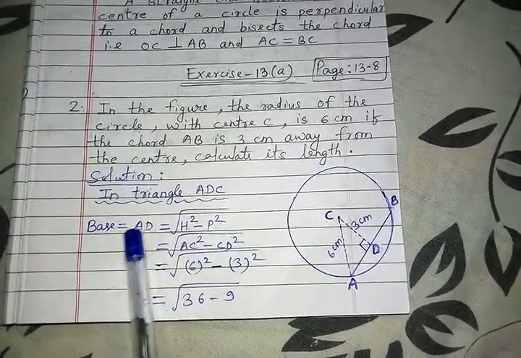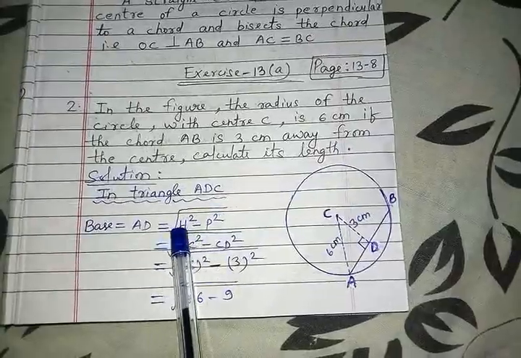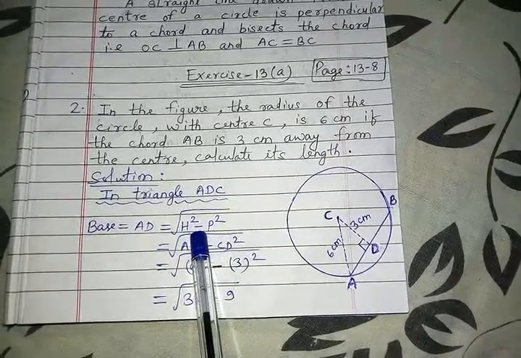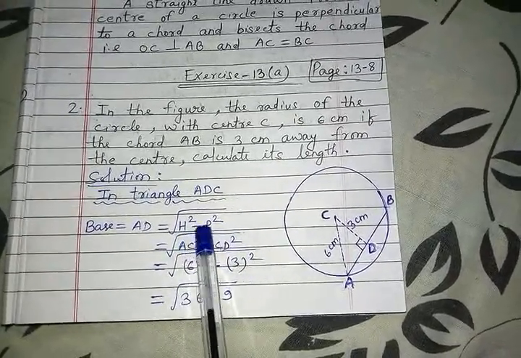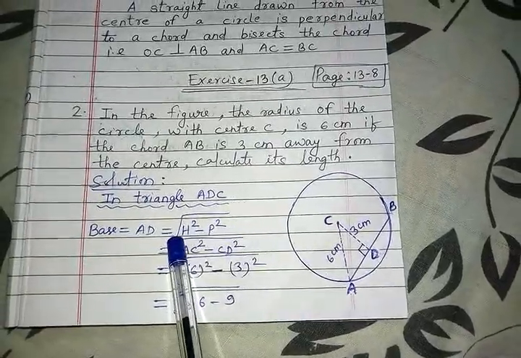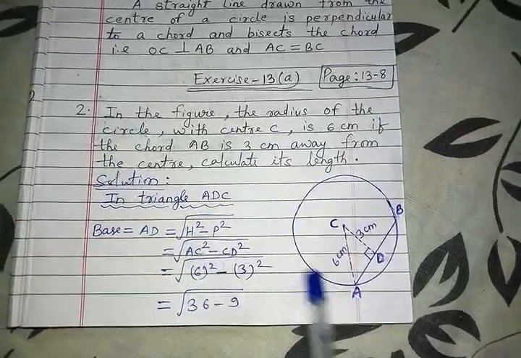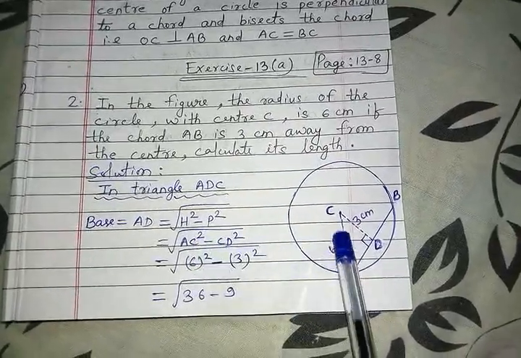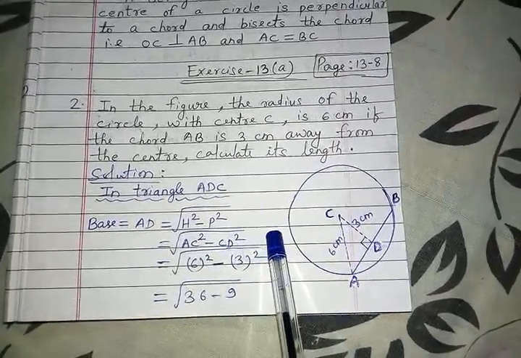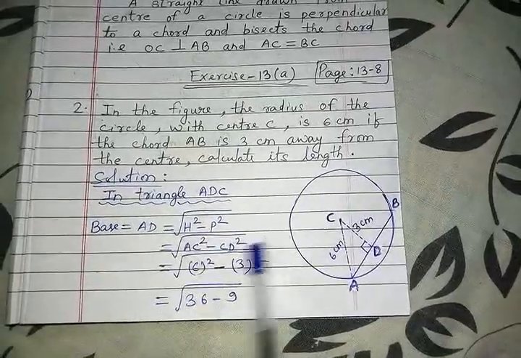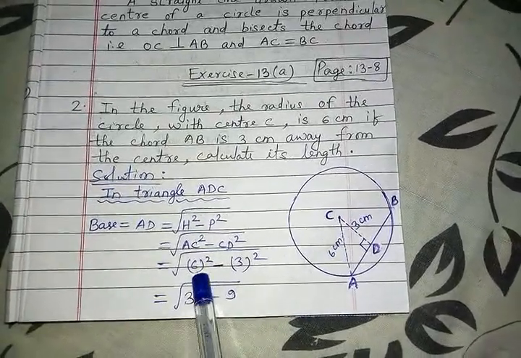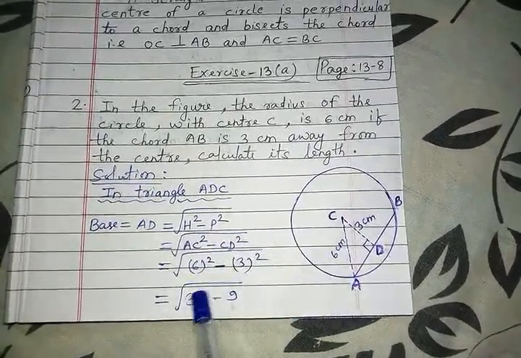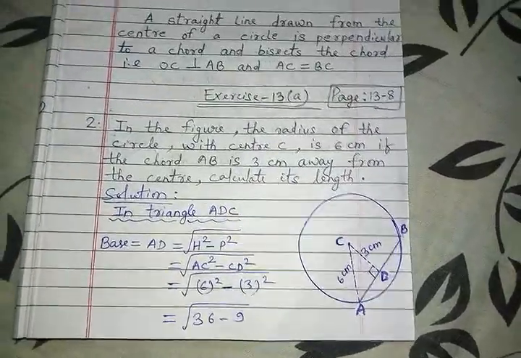So base equals AD, and AD is equal to the square root of h square minus p square, that is hypotenuse square minus perpendicular square. The hypotenuse AC is 6, and the perpendicular CD is 3, so 6 square minus 3 square, under root.